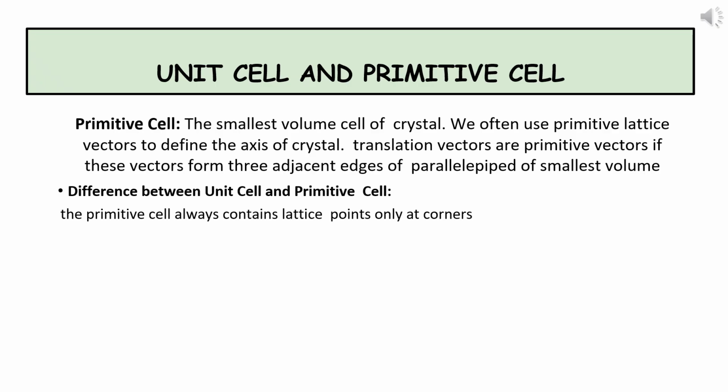Then what is the difference between a unit cell and a primitive cell? The primitive cell has lattice points only at the corners. It's an important question to remember.